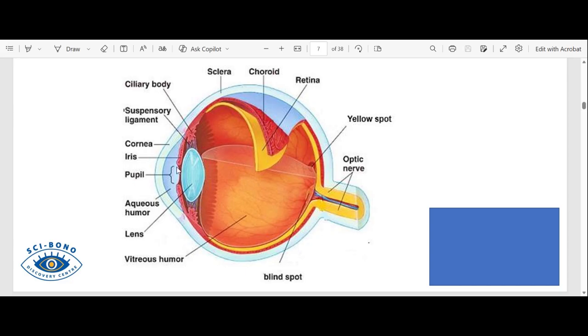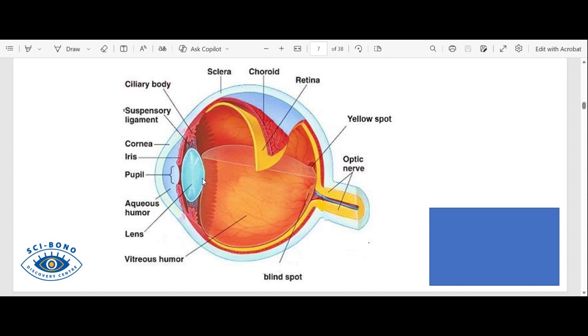Okay? Then behind your pupil, you have your lens. You see this transparent and biconvex structure, right? What's the function of the lens? Before we focus on the function, let's look at the structure of the lens. The lens is biconvex on both sides, right?